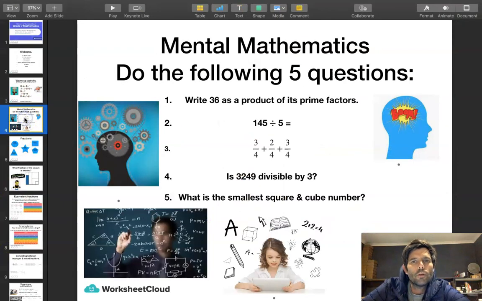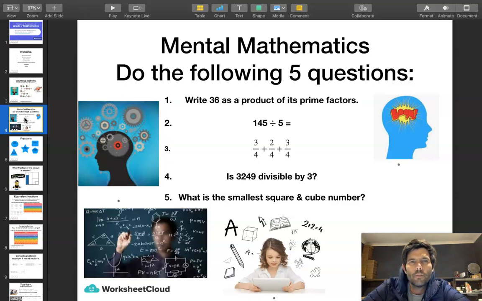Right, your warm-up questions for today. Write 36 as a product of its primes, a little bit of a recap from the last lesson. 145 divided by 5, looking to see if you can maybe split that up somehow. The addition of fractions should be a little bit of a recap from grade 6.